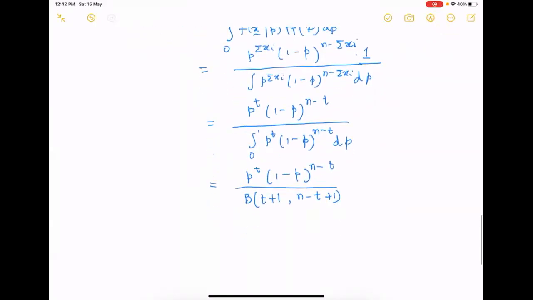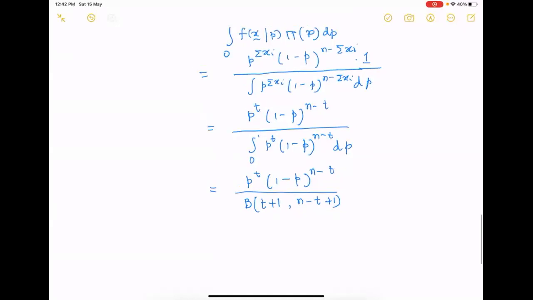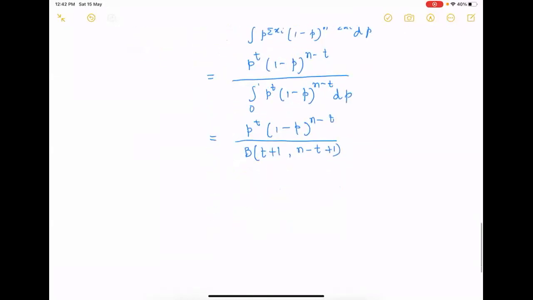So it turns out that this posterior distribution of p follows a beta distribution with t plus 1 comma n minus t plus 1.